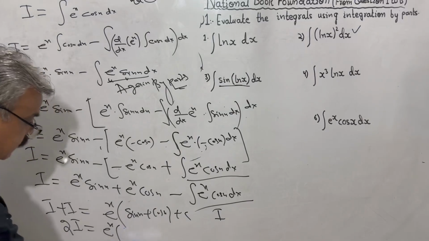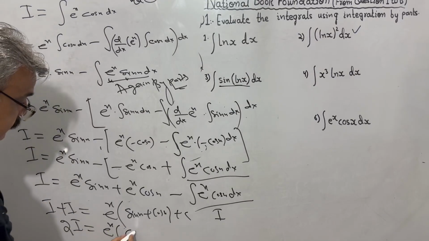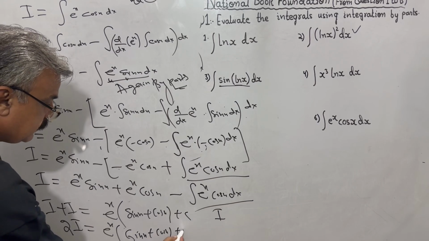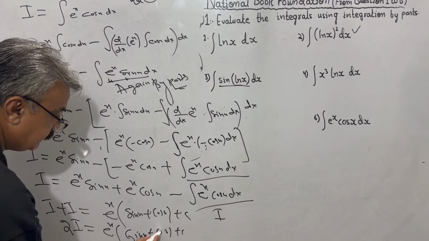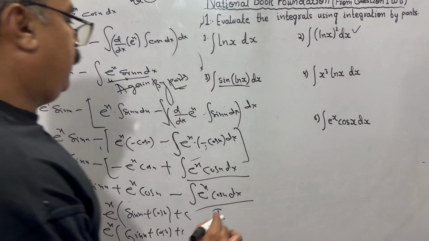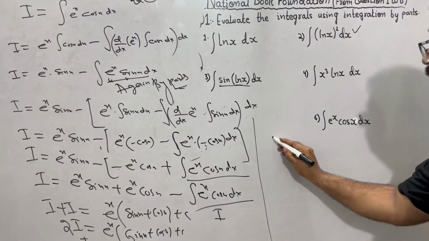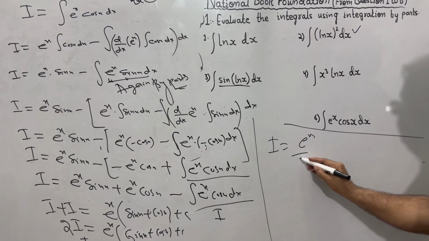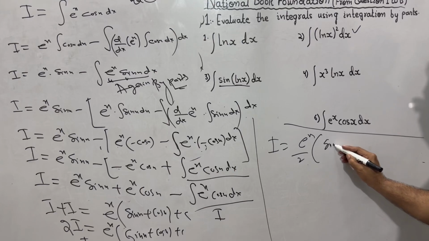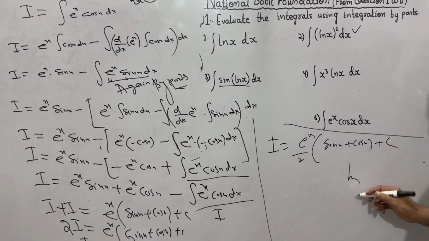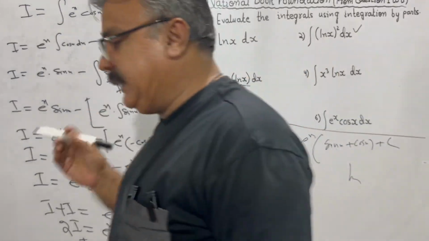It's interchangeable, but follow me in the routine. So I is equal to e raised x divided by 2, times sin x plus cos x, plus c. Look, the answer is the same.